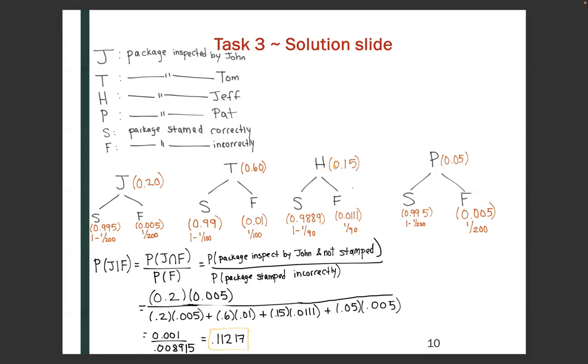And then the same for Jeff, which would be 0.15 times 0.011, and then plus Pat, the probability that Pat inspected it times 0.005.